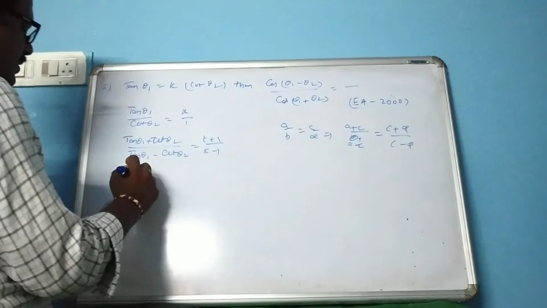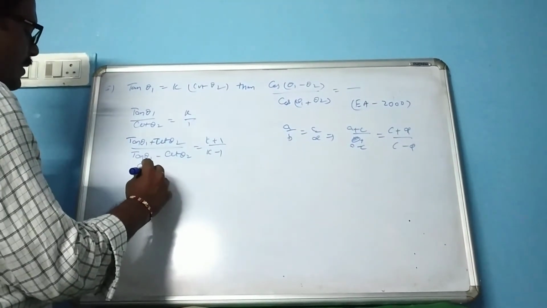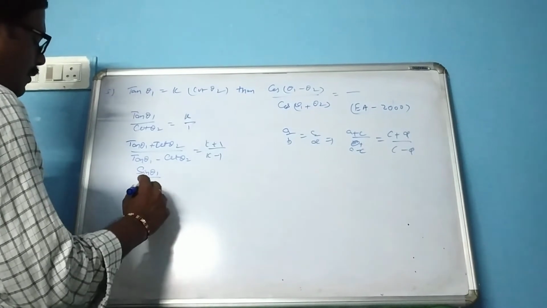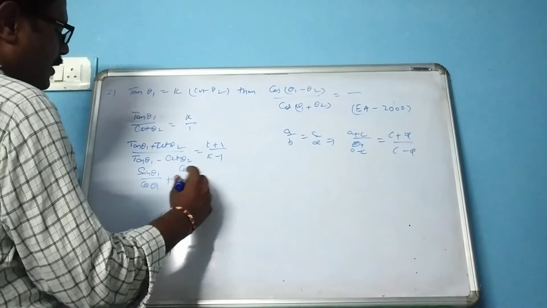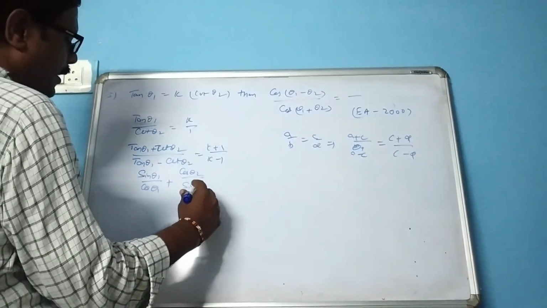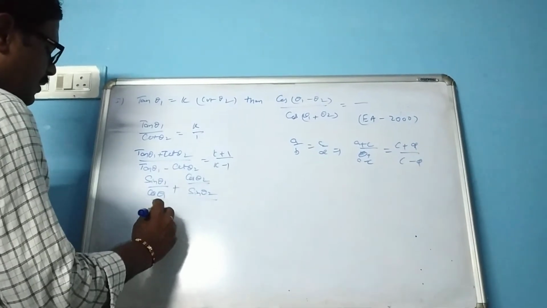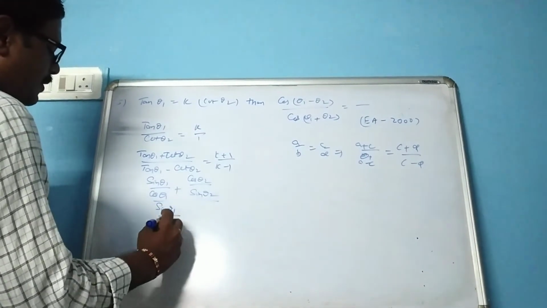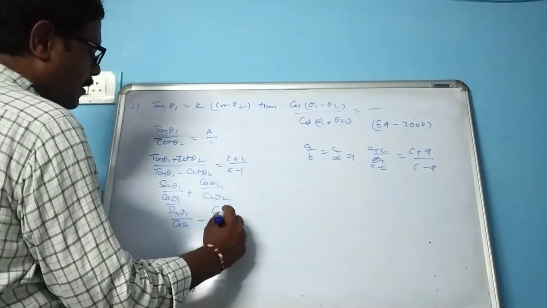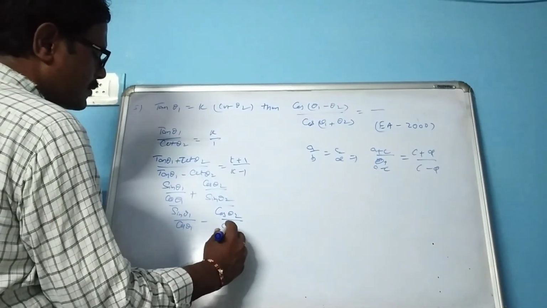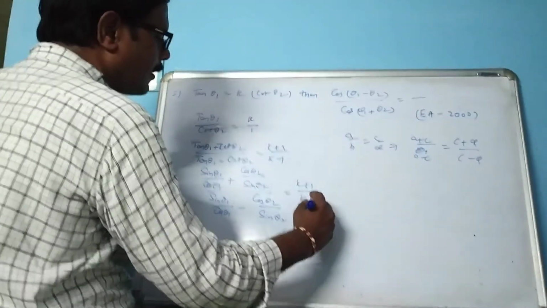This tan theta can be written as sin theta 1 by cos theta 1. This is cos theta 2 by sin theta 2, divided by... this is sin theta 1 by cos theta 1 minus cos theta 2 by sin theta 2. This is (k plus 1) by (k minus 1).